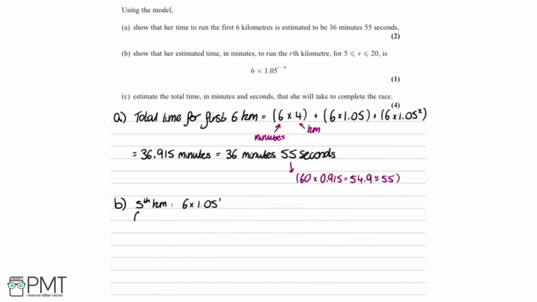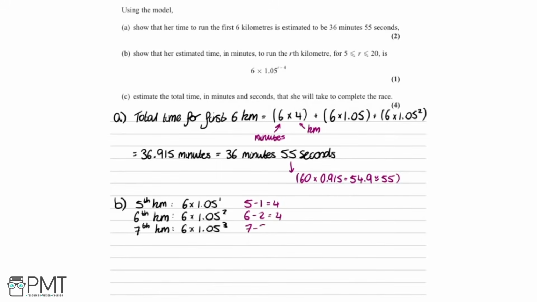So the 6th kilometre takes us 6 times 1.05 squared. So it would follow that the 7th kilometre would take 6 times 1.05 to the power of 3. And if we work out if there's a common pattern here, for the 5th kilometre, if we take away the power here, minus 1, we get 4. The 6th kilometre, we take away the power, we get 4.